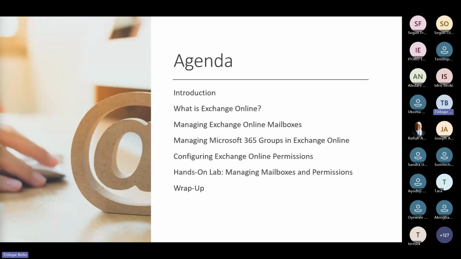managing the Exchange Online mailboxes, looking at the types of users. In the last few sessions, over the last few weekends, we've talked a lot about Active Directory, managing users, and creating users and groups within Office 365 or even on-premises Active Directory. So you will see how tightly integrated these services are.